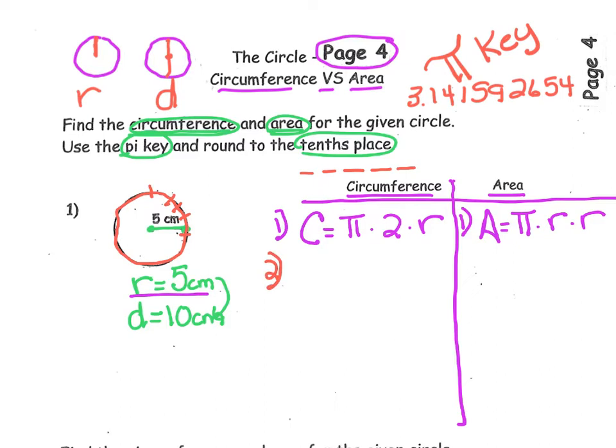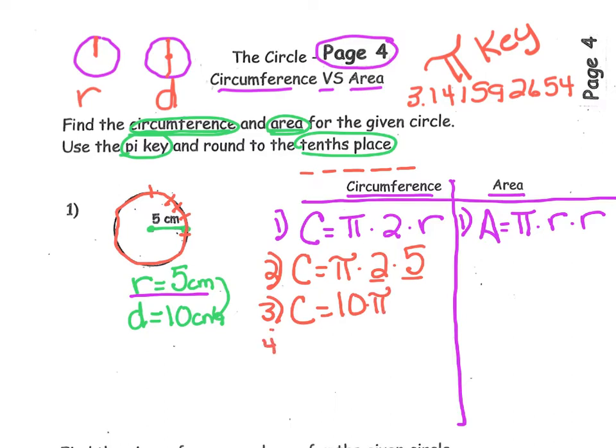Let's substitute into our formula. C equals pi key times 2 times 5. Let's multiply 2 times 5 and tidy up our formula. We get 10 times pi key.